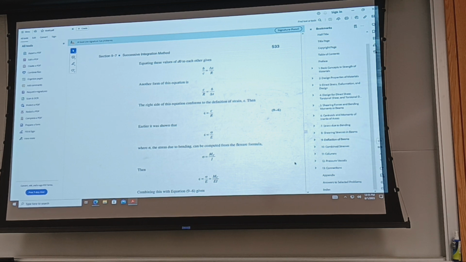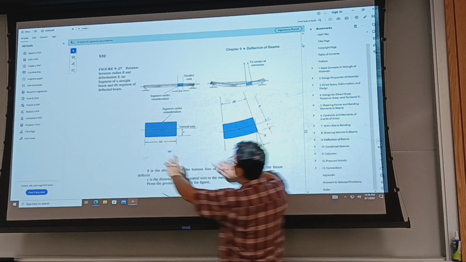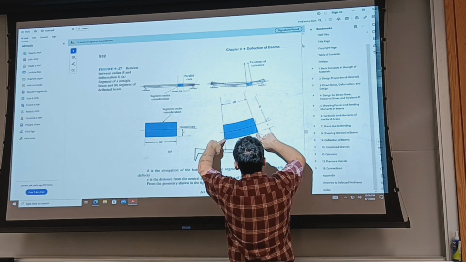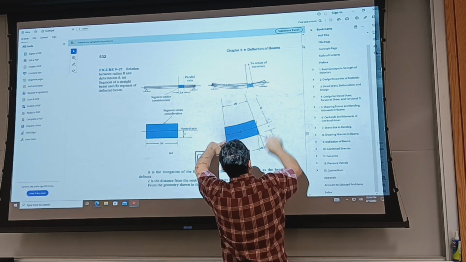Epsilon is sigma over E, epsilon being delta over the initial length. So what is epsilon? The initial length is dx, and it goes to dx plus this delta, and delta we said is d theta times c.